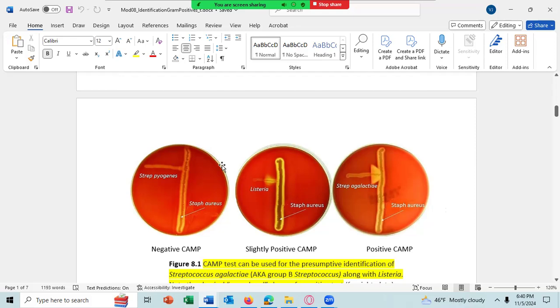shown here. And there you can see the streak of Staphylococcus aureus. It's dark. And then you have the clearing from beta hemolysis, which will be the clear zone around the bacteria.